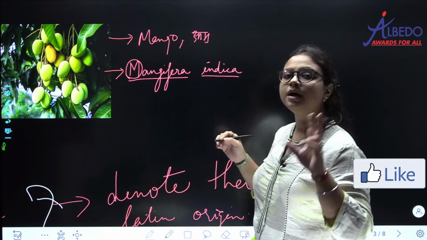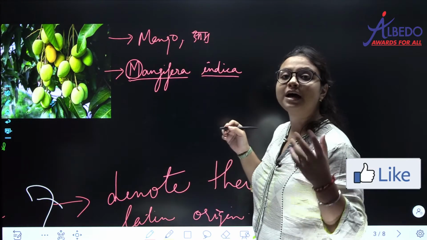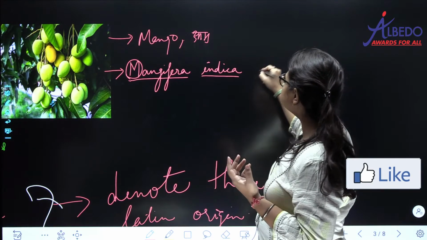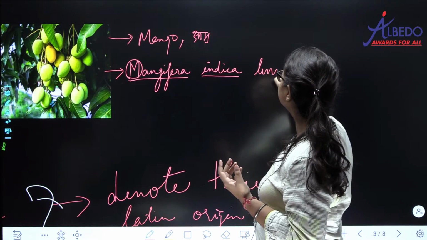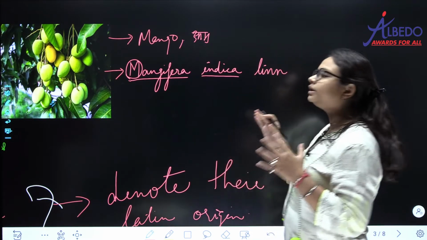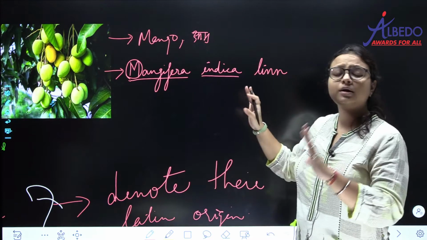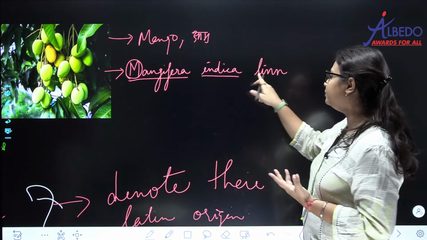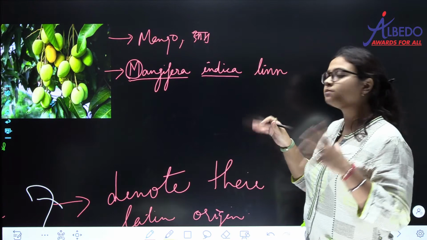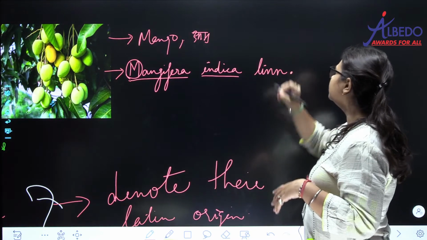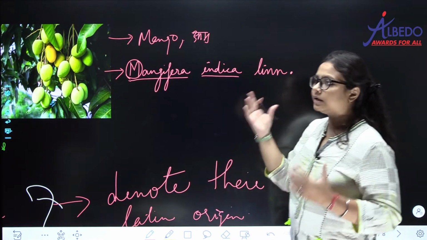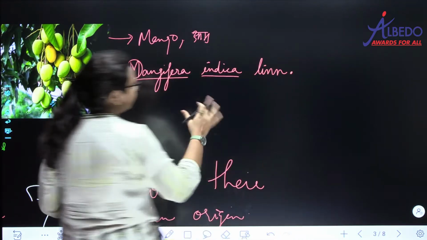First thing, his name will not be capital and I will have to abbreviate it. So Carolus Linnaeus का LINN, ठीक है, and I will not underline it. Why? Because these are not derived from Latin, and whenever I am writing an abbreviation, the first letter must be of small case and it is followed by a dot. So this is how, if you have to write the name of an author, you will write the name.